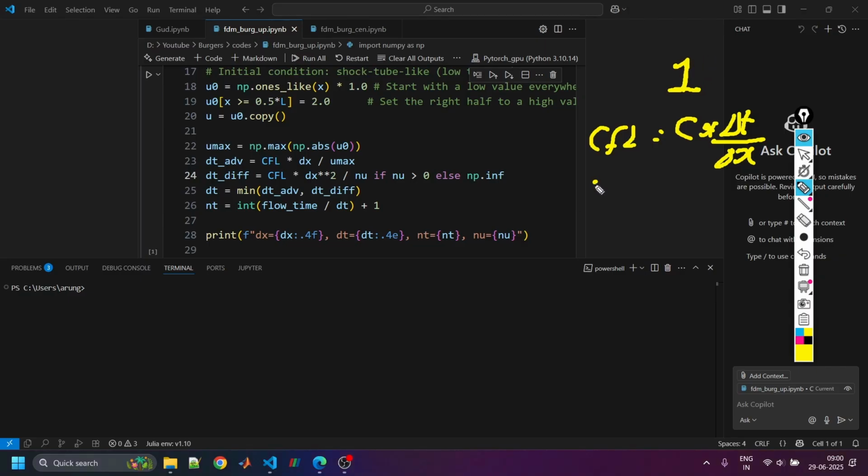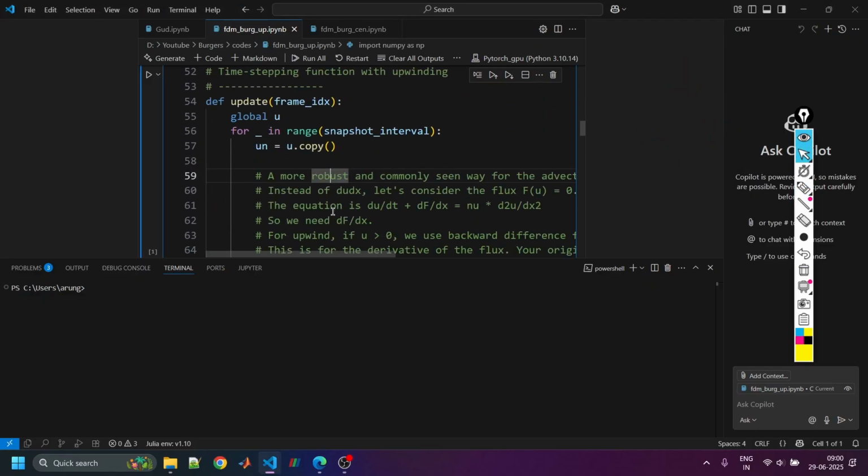So diffusion number is generally written like this: diffusion coefficient nu into del T by del X square. So based on this value, we should design the del T. Otherwise, the solution will blow up. So that's what we are calculating. We are calculating the minimum del T which stabilizes both the convective part as well as the diffusive part.